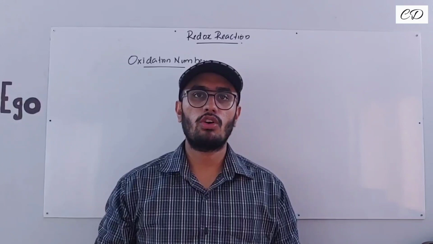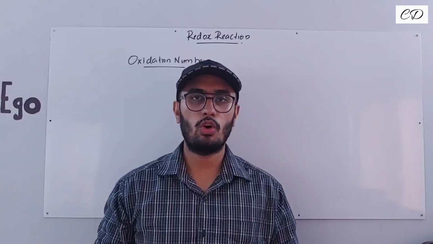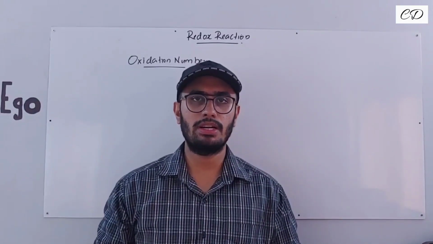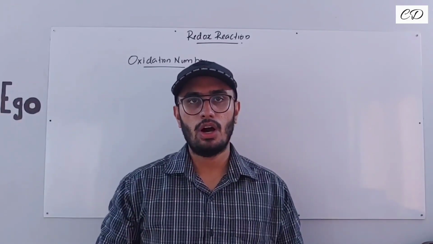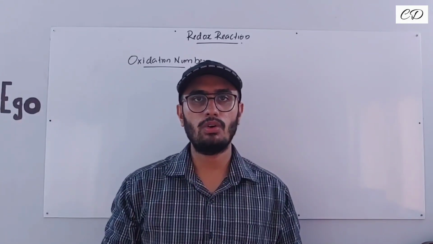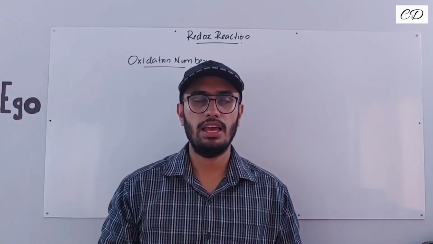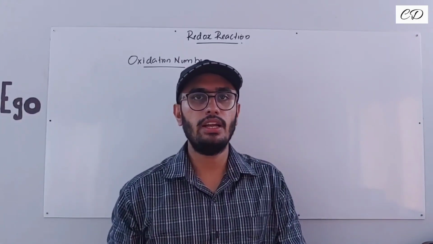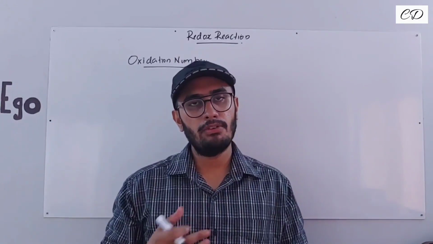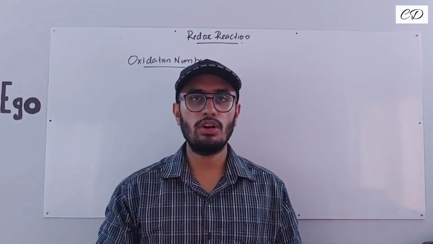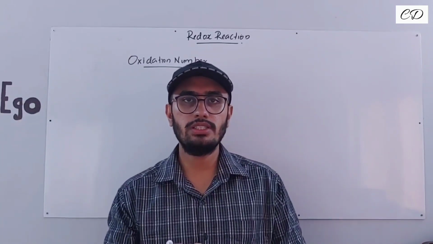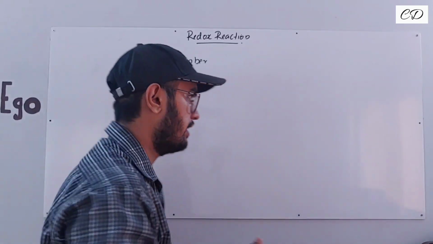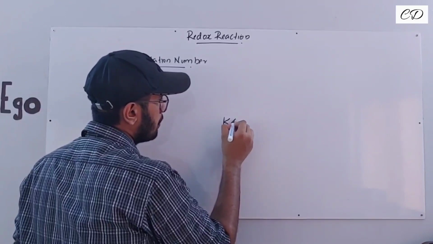Now we are dealing with oxidation number. Oxidation number means just a number of the atom or element. How can we attain oxidation number, and how can we write it? There are some rules for ionic and covalent compounds. Before that, I will give a small definition. Oxidation number means the residual charge of an atom. Consider potassium chloride.